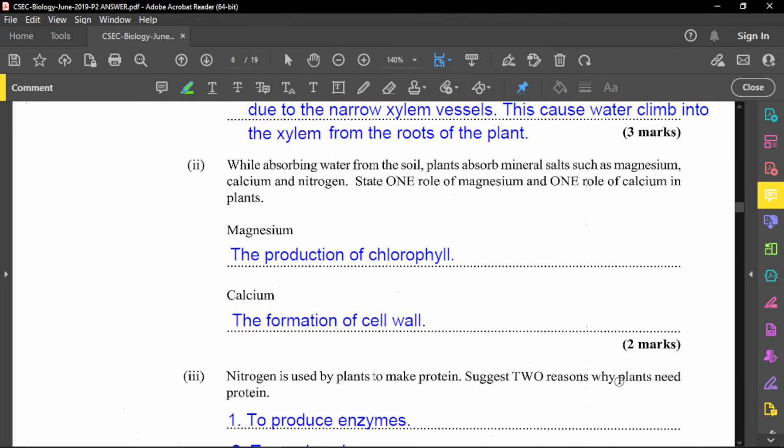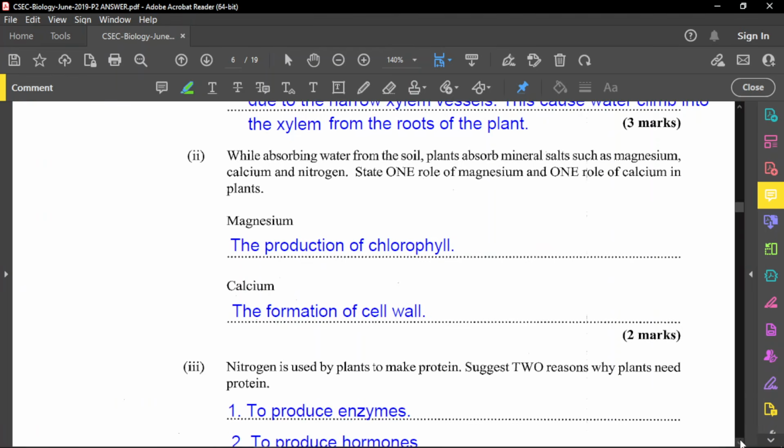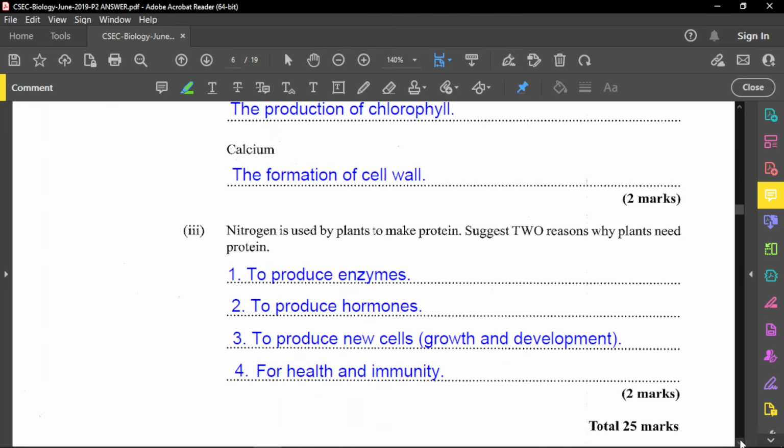There are just 2 reasons why plants need protein. So why plants need protein is for a number of reasons, and it is similar in most living organisms. And so here, plants need proteins to make enzymes, hormones, to produce new cells for growth and development, and also to make the plant generally healthy, and also in terms of immunity to fight against certain diseases or attack by certain diseases.